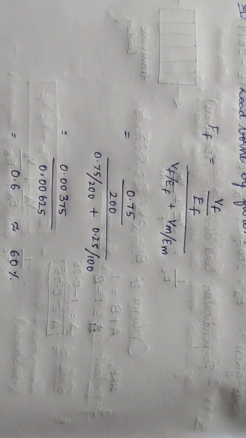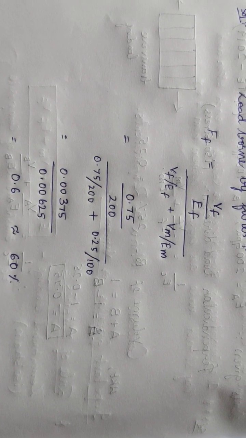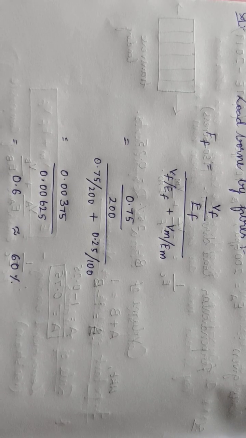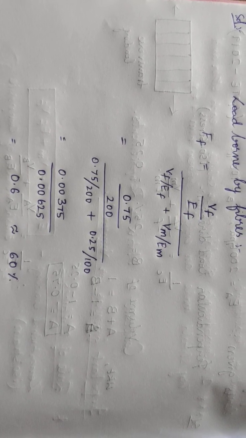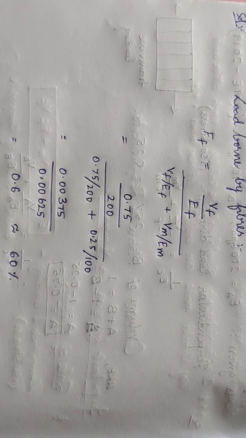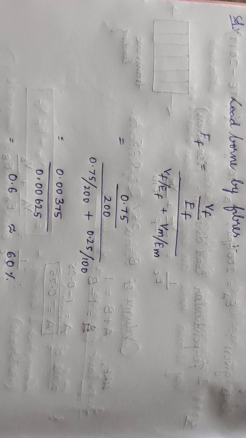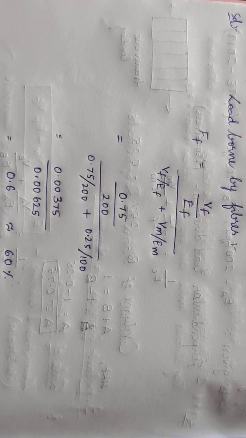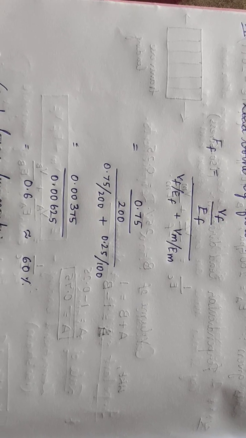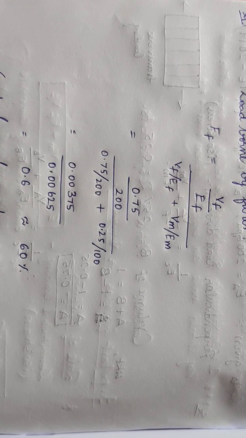We have the values from the previous question: volume of fibers is 0.75, elastic modulus of fibers is 200 GPa, volume of matrix is 0.25, and elastic modulus of matrix is 100. If we substitute the given values, we get 0.6, which equals 60%. Therefore 60% of the load in the transverse direction is borne by the fibers.